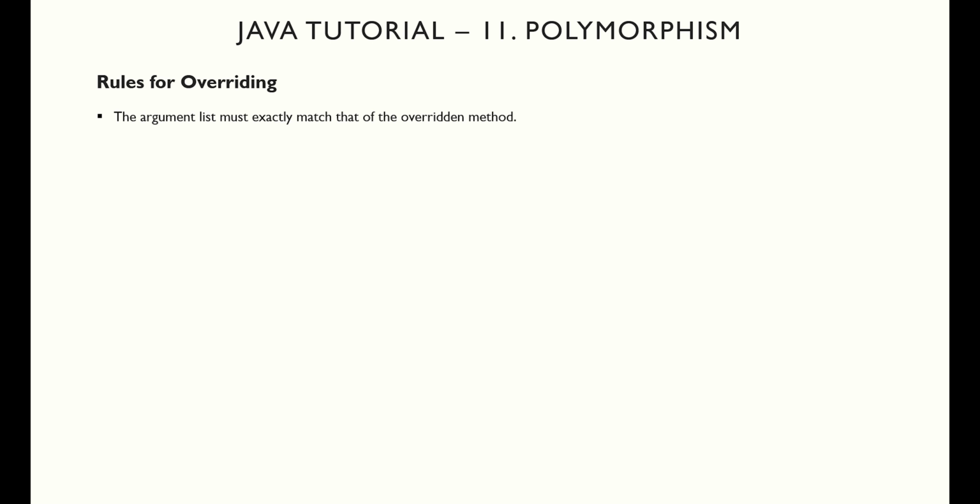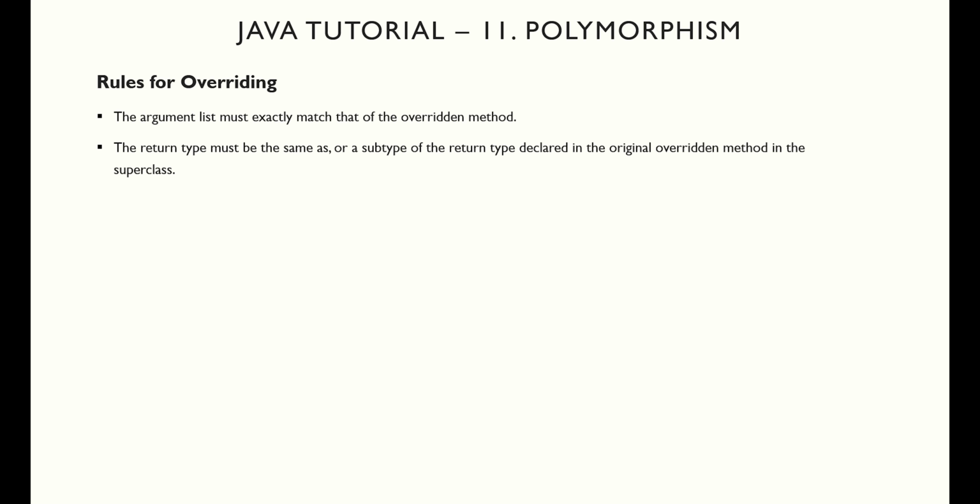If they are not the same, you can end up with an overloaded method that you didn't intend. The return type must be the same as, or a subtype of, the return type declared in the original overridden method in the superclass. The access level cannot be more restrictive than the overridden method's.